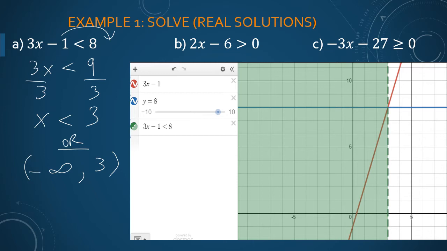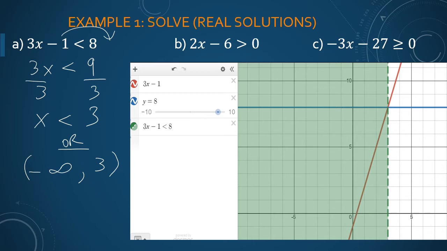So if you take a look at that, A was 3x minus 1 is less than 8. My red line is my 3x minus 1. My blue line is my y equals 8. And what this is asking you is, when is the red line less than the blue line? When is my red function lower than my blue function? Now that green shaded area is when I enter that inequality into the graphing software, it spits back all of the solutions to me. And it's dashed because it doesn't include it.